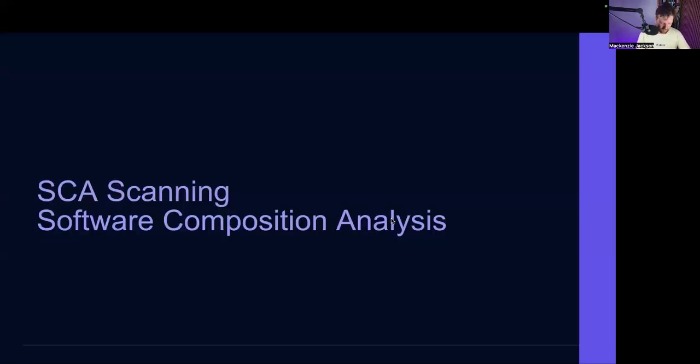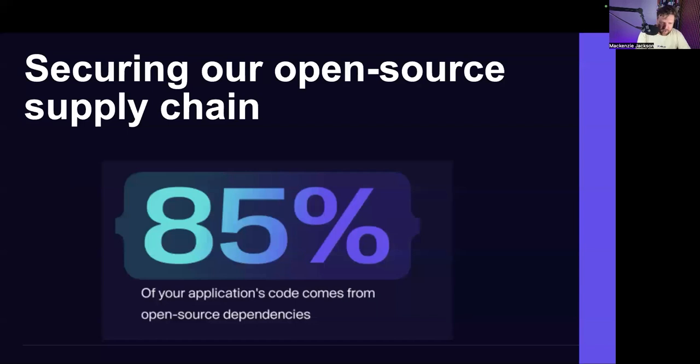All right, we need to move along because I'm running behind schedule, but there's something else very important that I do want to get through, and that is called software composition analysis, or SCA scanning. Something that you probably don't know is that around 85% of the code in your applications comes from open source components.